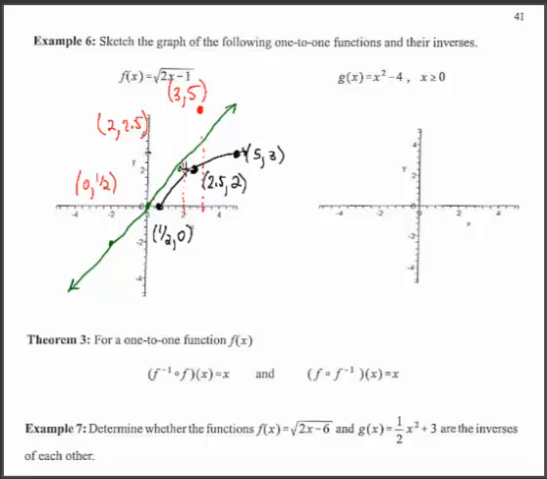This is 3, and this green line is really starting to become a problem, so I'm just going to get it off for now. So 2 and 2.5 is going to land right about here.